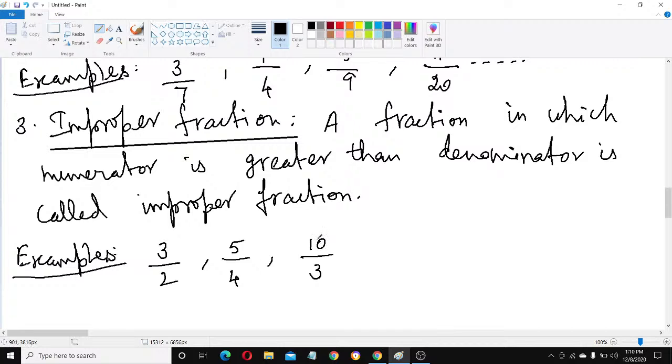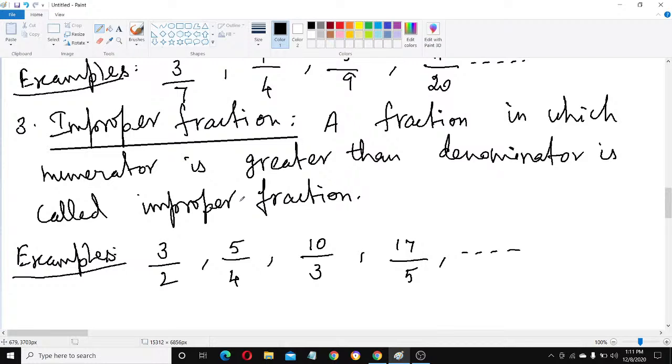In 10 by 3, numerator 10 is greater than denominator 3. In 17 by 5, numerator 17 is greater than denominator 5. So in all these fractions, 3 by 2, 5 by 4, 10 by 3, 17 by 5, the numerator is greater than the denominator. So these fractions are called improper fractions.